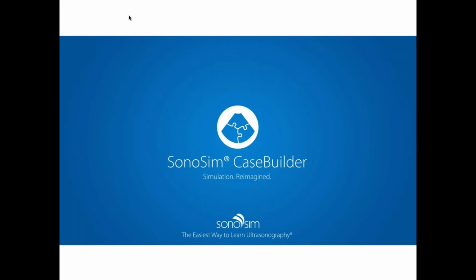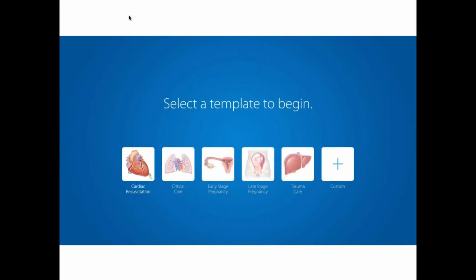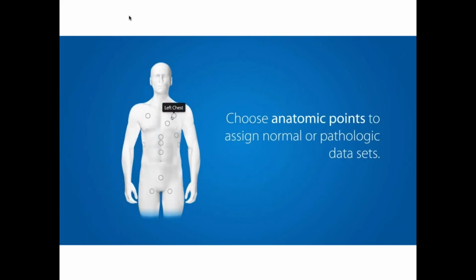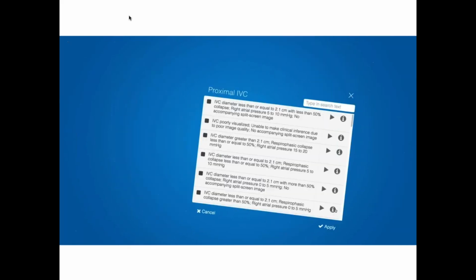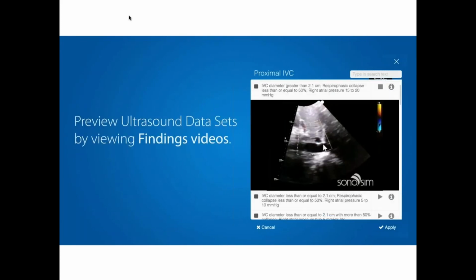Case Builder is the way you write those cases. And when we started this, we started with 5 different templates that include cardiac resuscitation, critical care, early and late pregnancy, trauma care, or you can create your own customized view. The template pulls up and you can select, in this case, the proximal IVC point was selected.